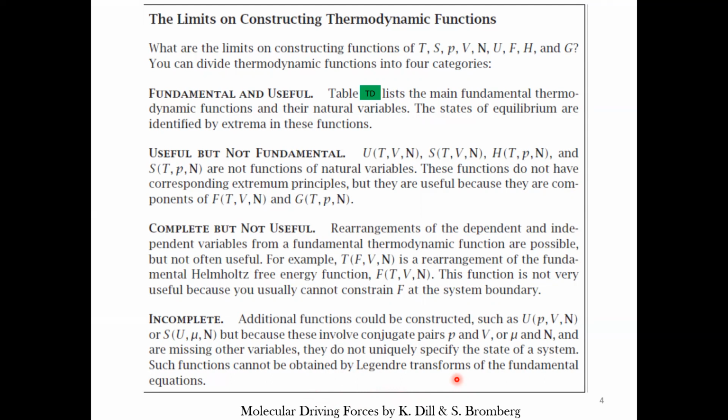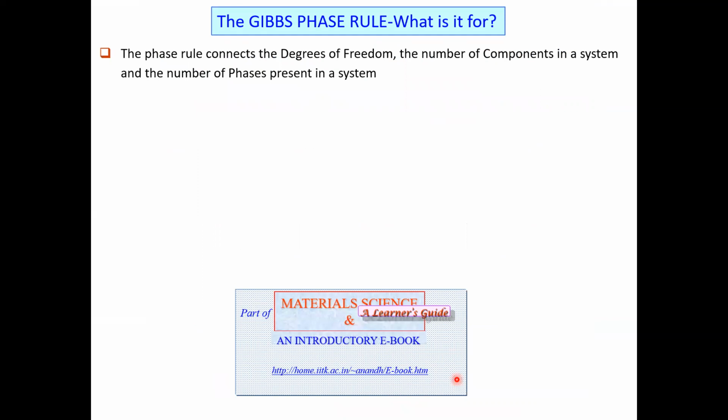Moving on, we will relook at Gibbs Phase Rule. We have utilized the Gibbs Phase Rule in the first part of this course, but we're just taking a relook at this because we have introduced this concept of chemical potential. So what does Gibbs Phase Rule tell you?